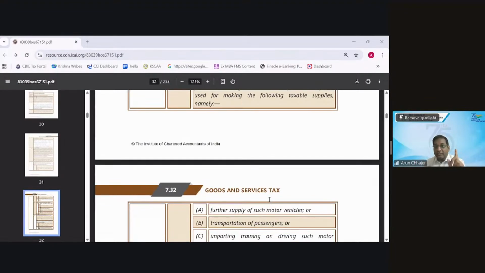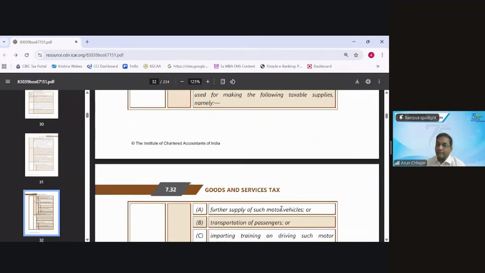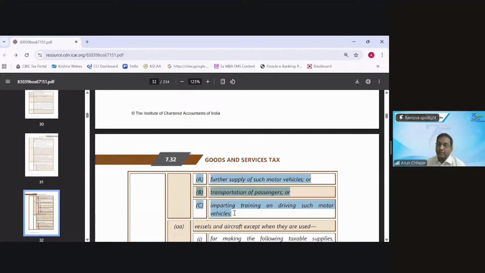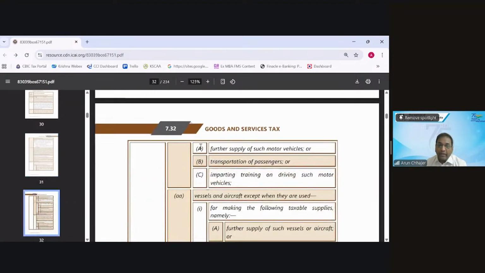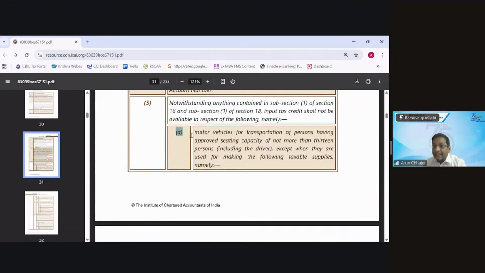Now my next doubt was, if they have used transportation of goods separately, but here they have not used transportation of goods, does it mean that in clause A, even if you are using it for transportation of goods, the ITC will not be allowed? Here they have not made a separate clause for the transportation of goods. Does it mean that if I purchase the motor vehicle under clause A, ITC will not be allowed?